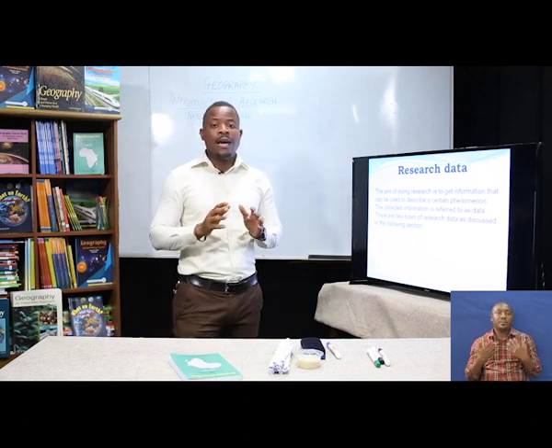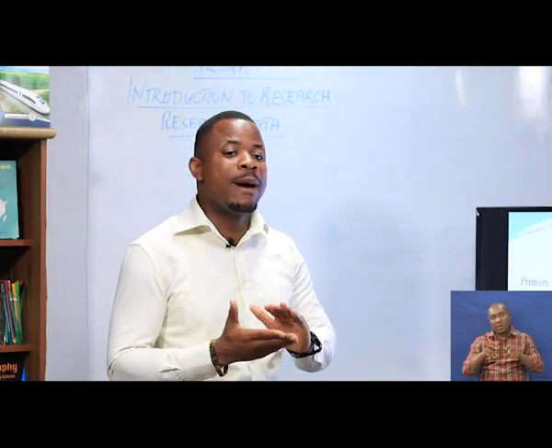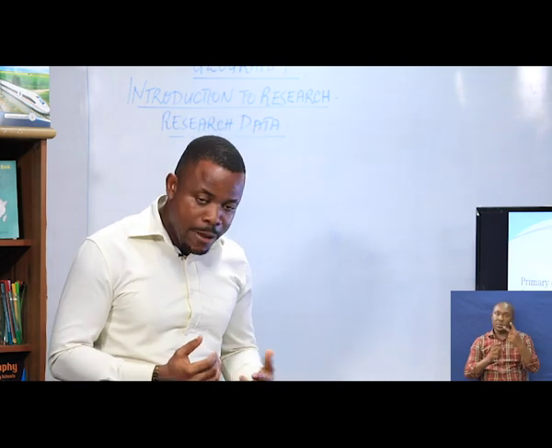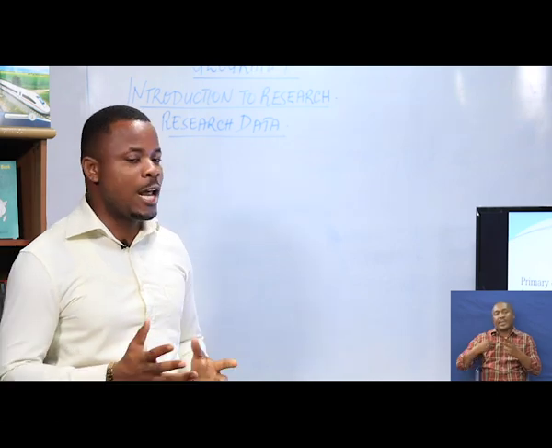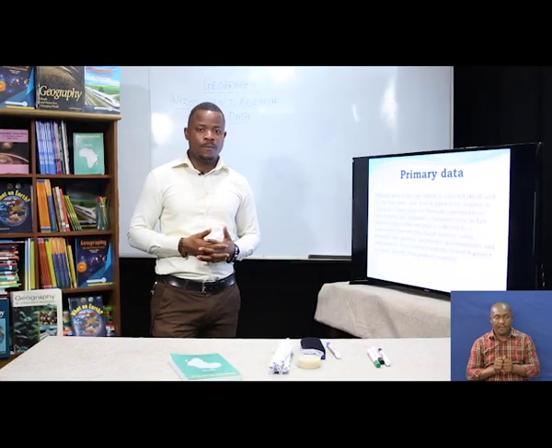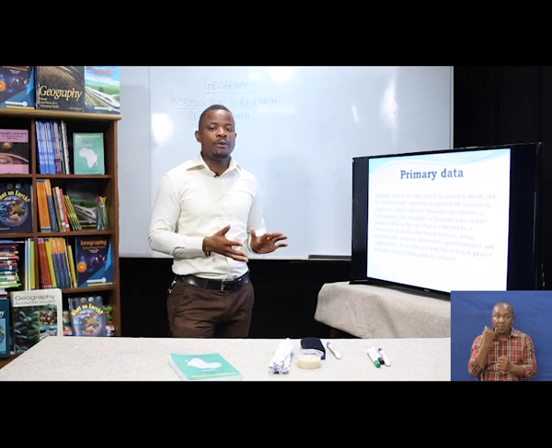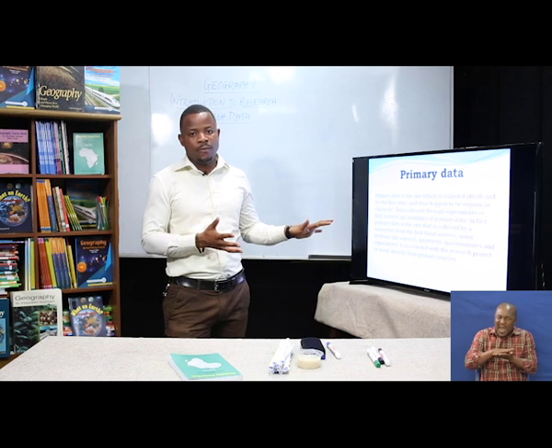Now, there are different types of research data, but today we are discussing primarily two types: primary data and secondary data. Now, what is primary data? Primary data is the information gathered primarily from the respondent.